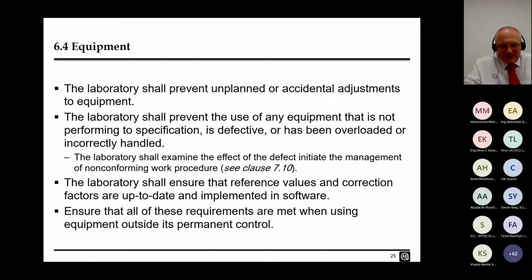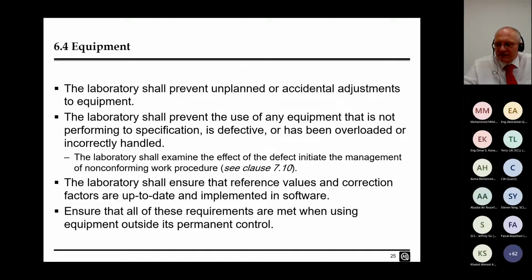When it comes back from calibration, there'll be reference values or correction factors, and these may be used in your software. You may have some programs that use these values to calculate the factors for calibrations. This is very common, and it's something that people very often miss updating. It's one of the things I've found many times when I go around doing audits.